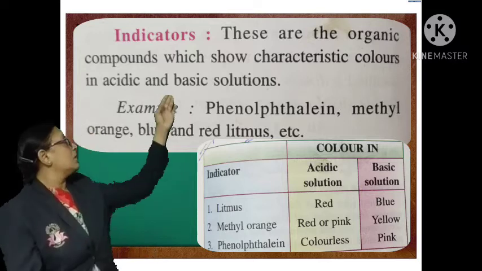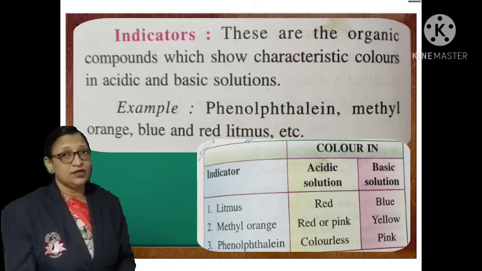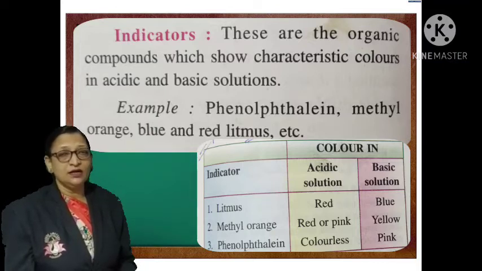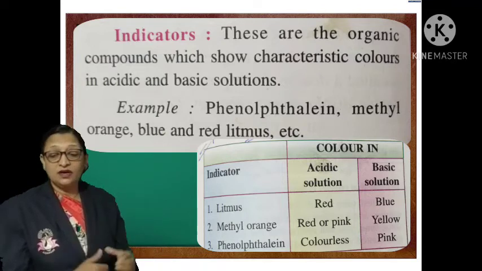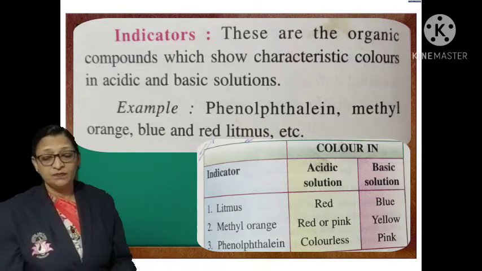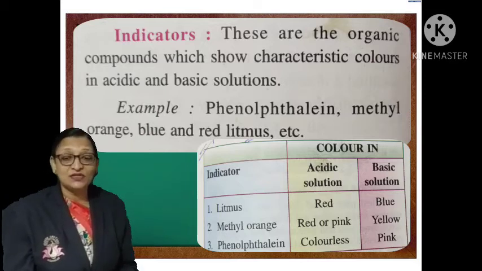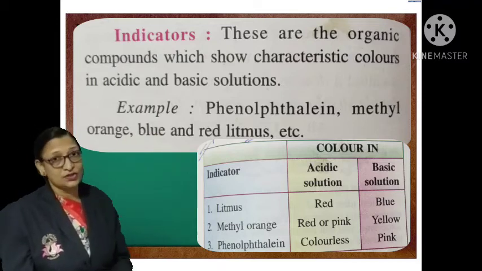We can observe the formation of salt and water simply by using indicators, which help us note the change in color as proof of the chemical reaction, which is the neutralization reaction. Indicators are organic compounds which have a characteristic color in acidic or basic solutions.